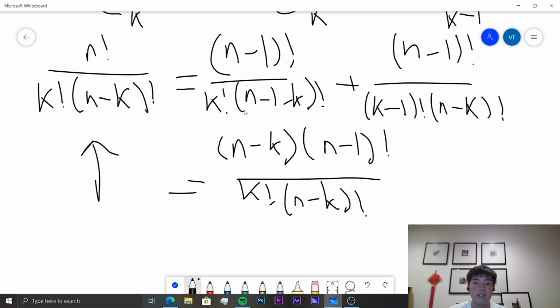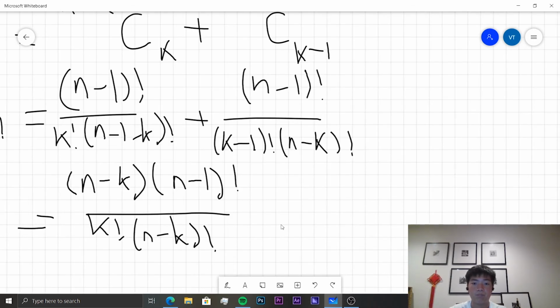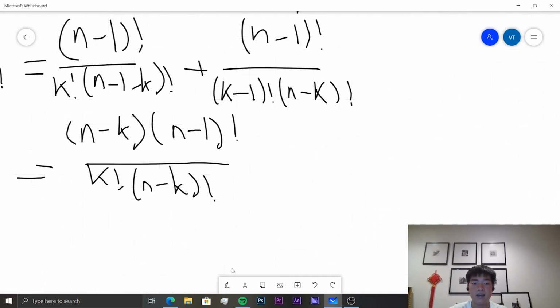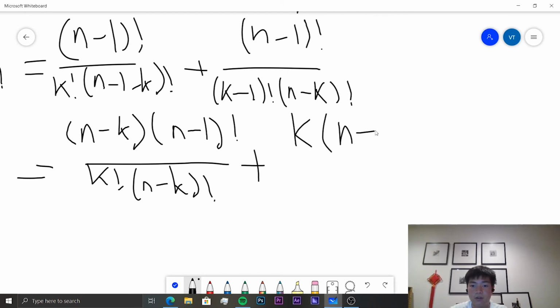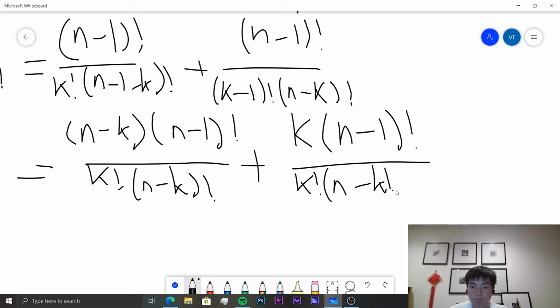Because note, (n minus 1 minus k) factorial times (n minus k) is equal to (n minus k) factorial. Okay? And we need to add this to this, and to convert this, we need to multiply the top by k, so that (k minus 1) factorial becomes k factorial at the bottom. We're multiplying both top and bottom by k. So at this point, we can simply add the two.